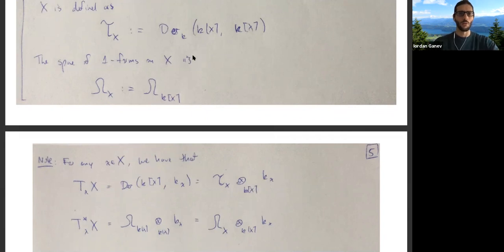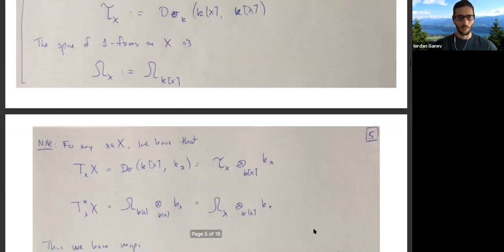So the vector fields are a k[X] module, coming from this last factor here. And when we tensor over k[X] with k_x, then this goes away and in its place we get the one-dimensional module k_x, and that's exactly the tangent space. So that's all that's going on here. And similarly for the one forms.